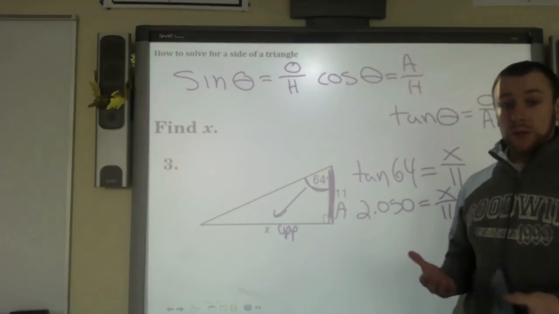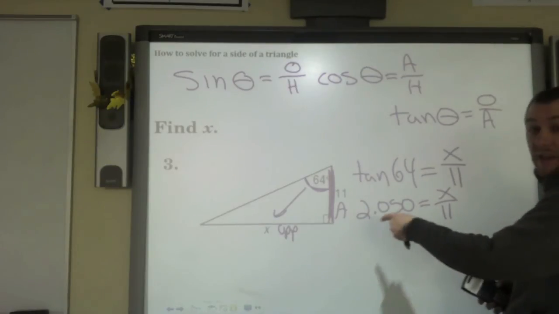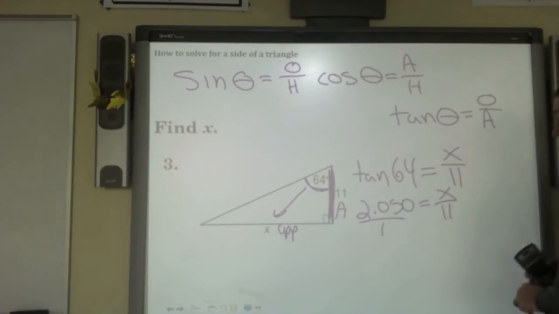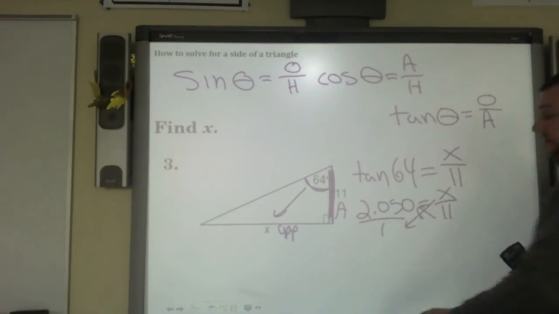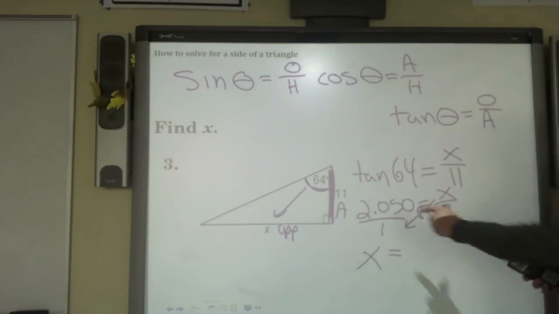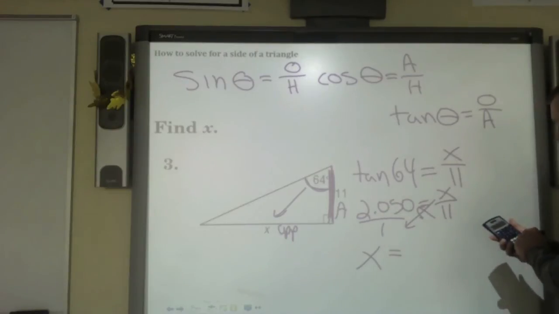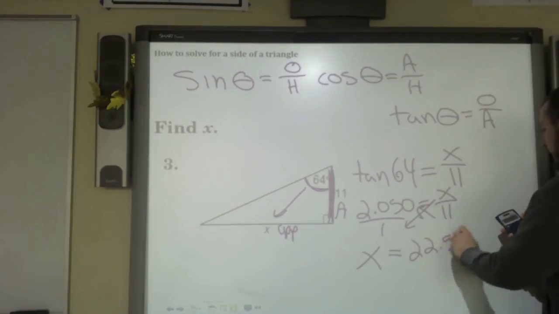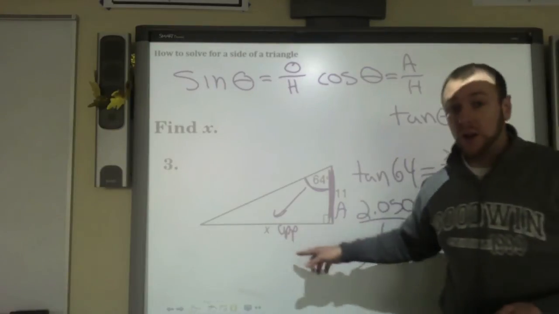This doesn't have a fraction, so I'm going to put that over 1. I'm always going to put that over 1. Now I can cross multiply. X times 1 is x. 2.050 times 11 is 22.55. That is how long x is, and I just found it.